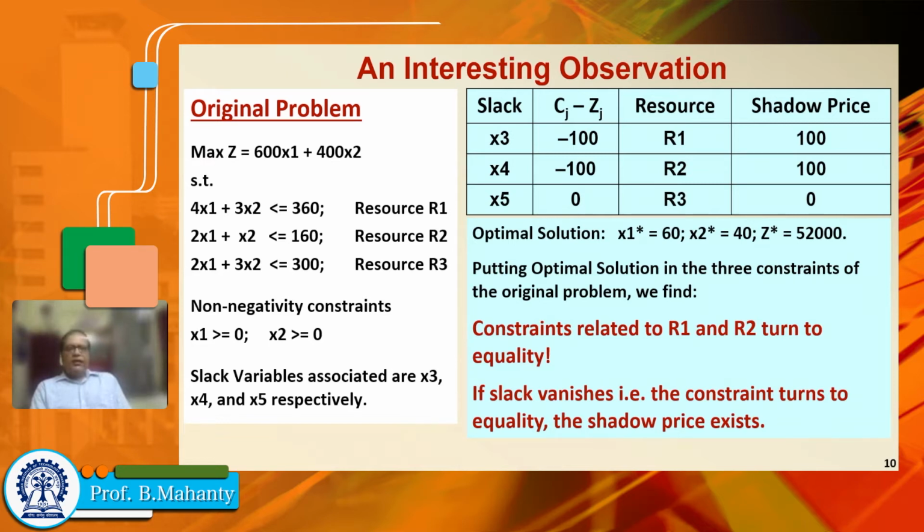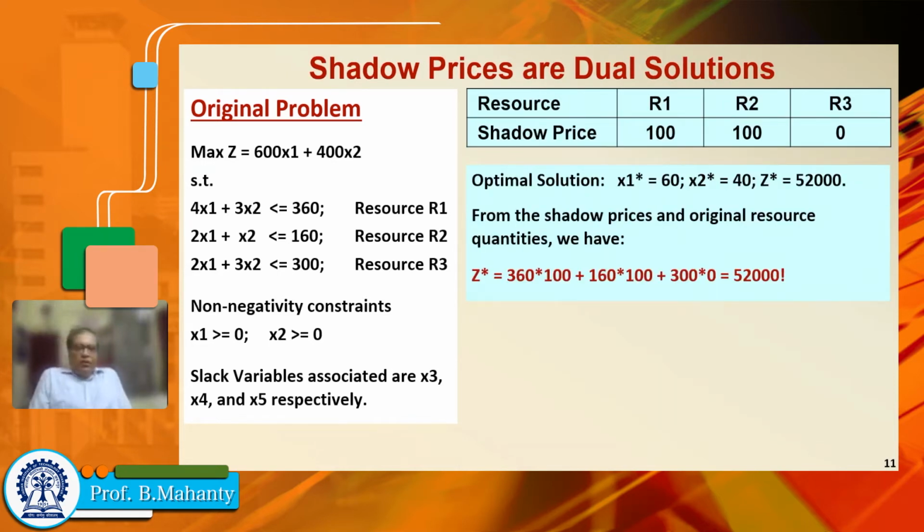Now another very important observation: the shadow prices are also dual solutions. Now why are they called dual solutions? Let us see. We have found the optimum solution as x1 equal to 60, x2 equal to 40, and z equal to 52,000. Now, how much of the original resources did we have?